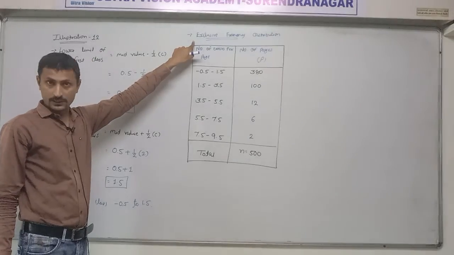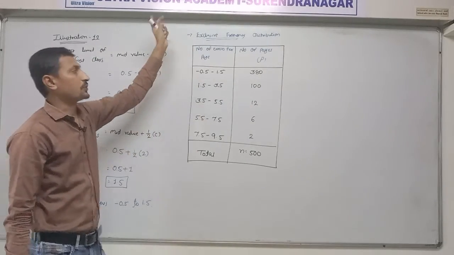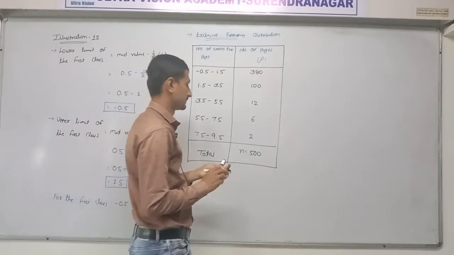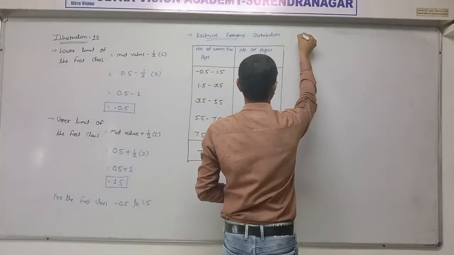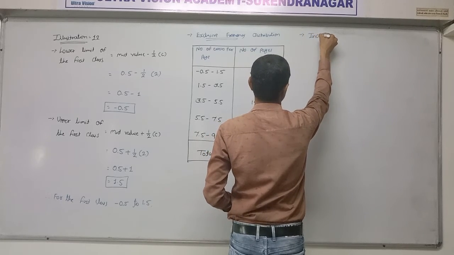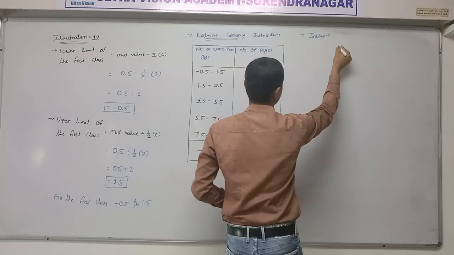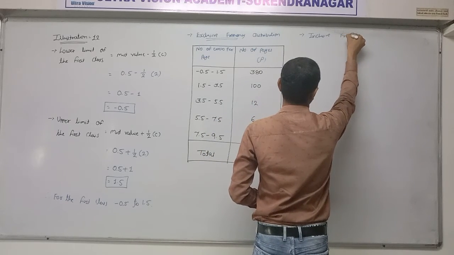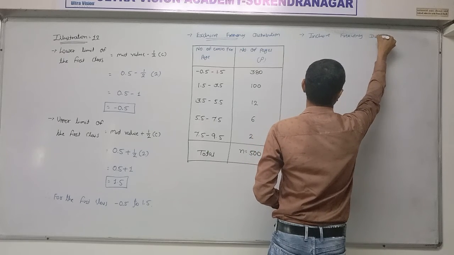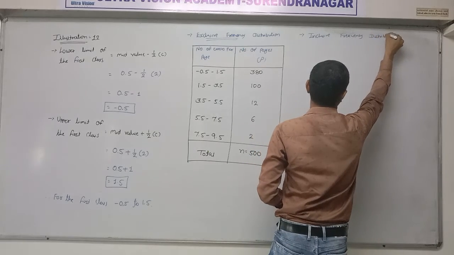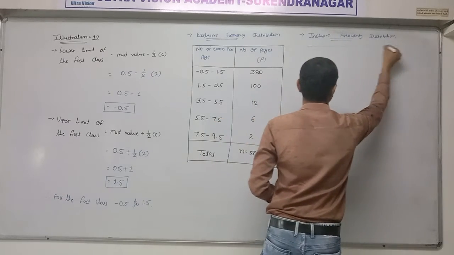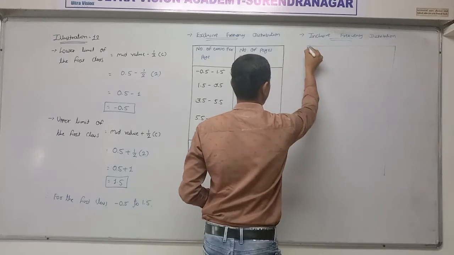It is exclusive, but we convert this distribution to inclusive classes. Next heading, write down inclusive classes. So inclusive frequency distribution: the same two columns, same line.